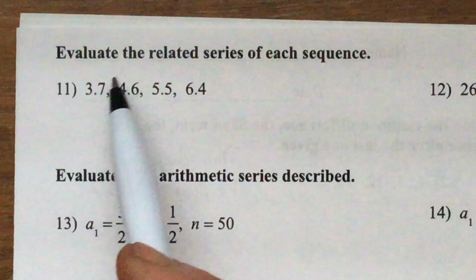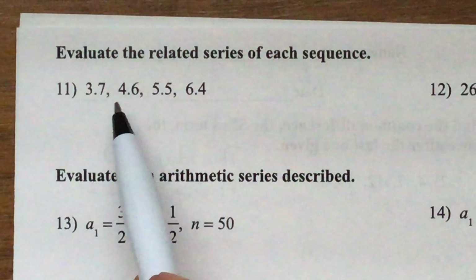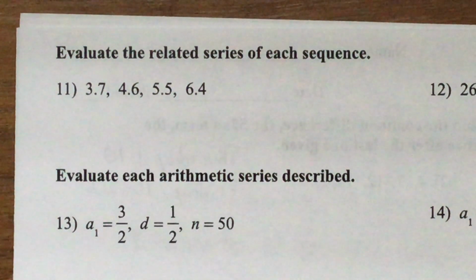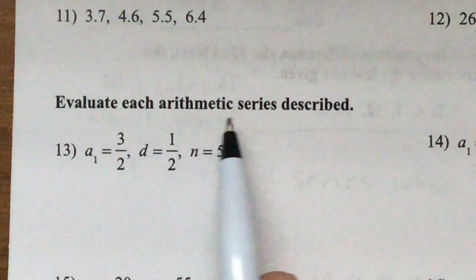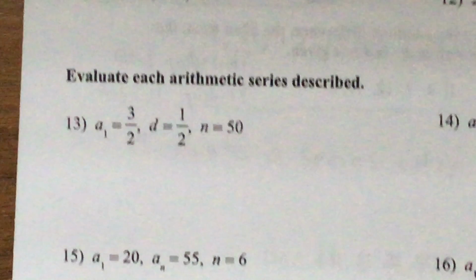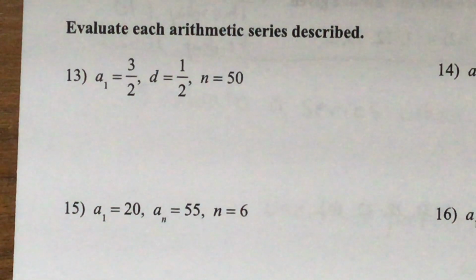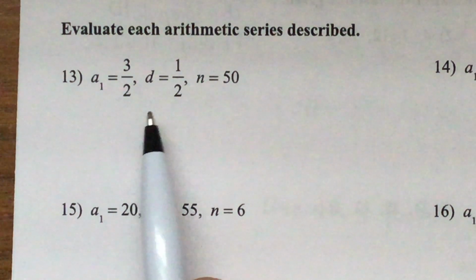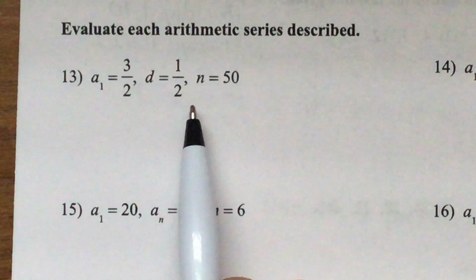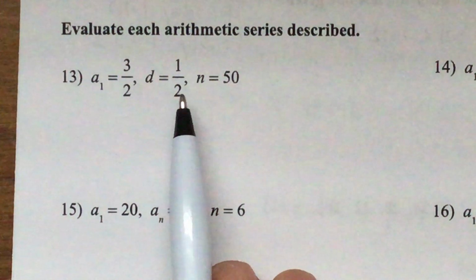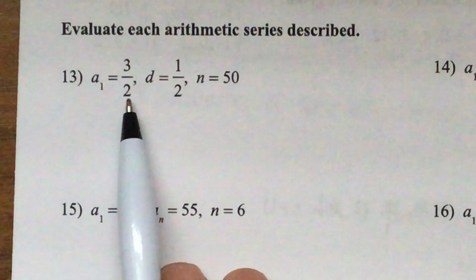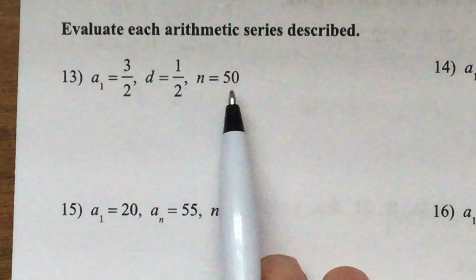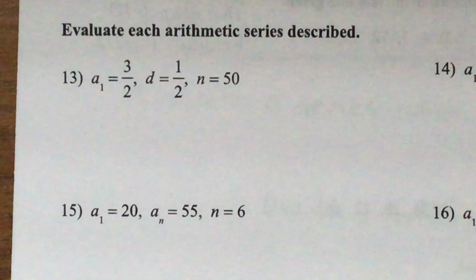Evaluate the related series: add them together, get the answer. Evaluate each arithmetic series described. I believe I covered that in the notes as well. The common difference is 1/2, the first term is 3/2, n equals 50.